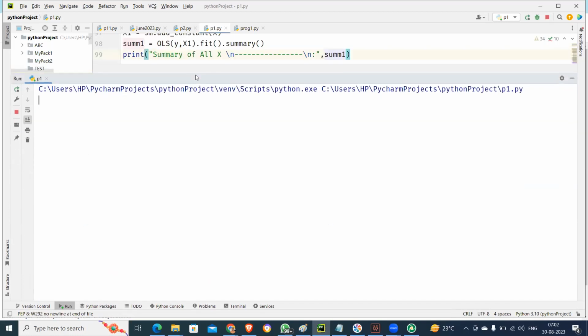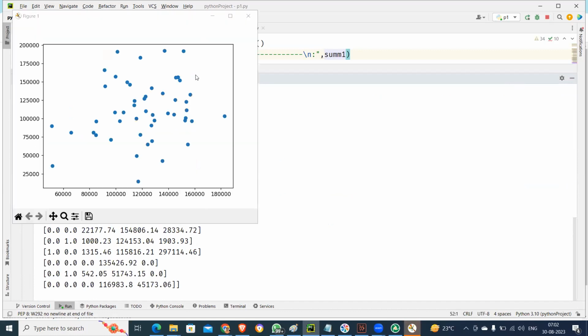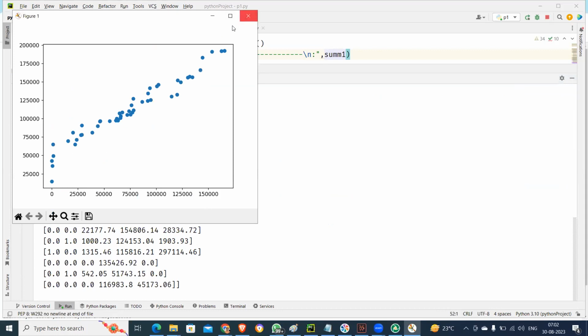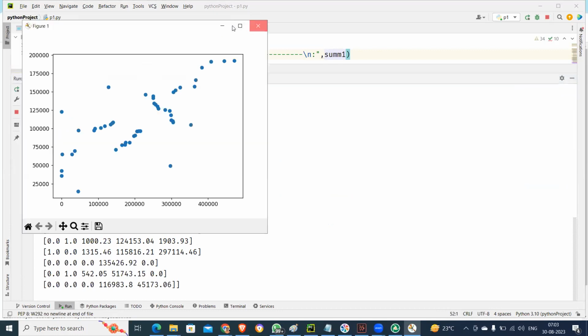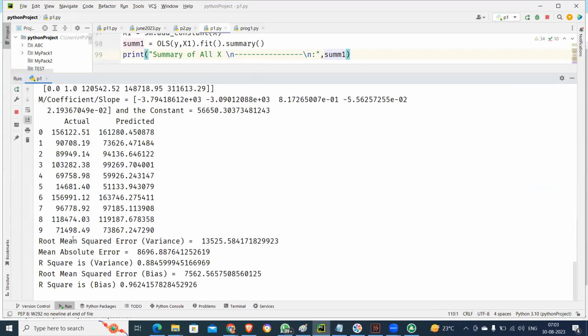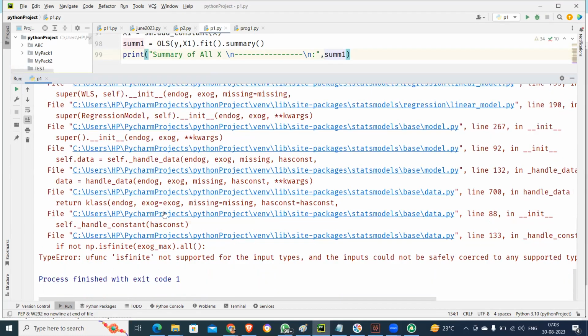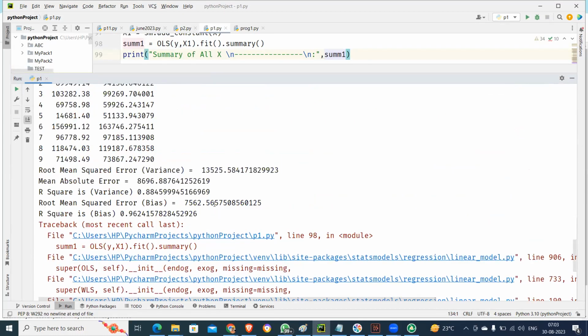See the output of the summary. This is our first graph, this is our second graph, this is our third graph. So we've got RMSE. Oops. Which line? Line 98.